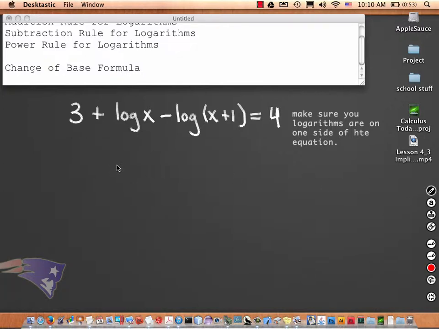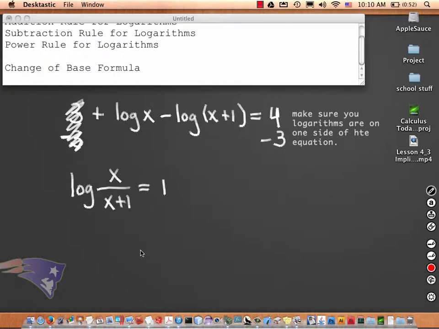So all I'm going to do here is subtract 3. And then I can use my division property. So this becomes logarithm of x over x plus 1 equals 1.